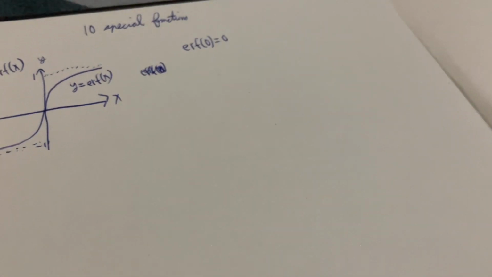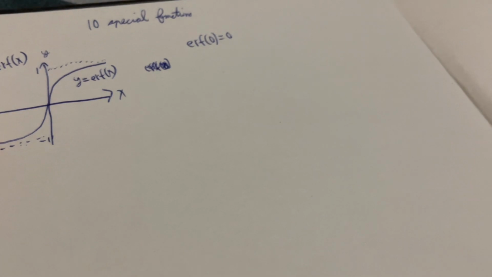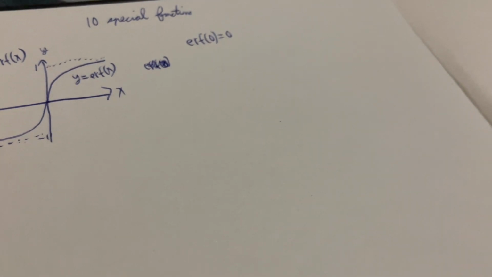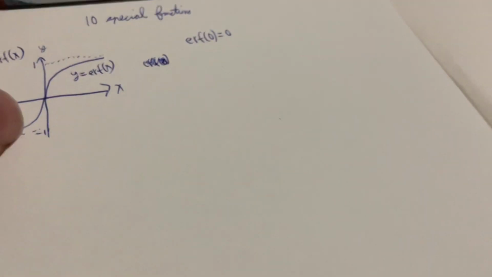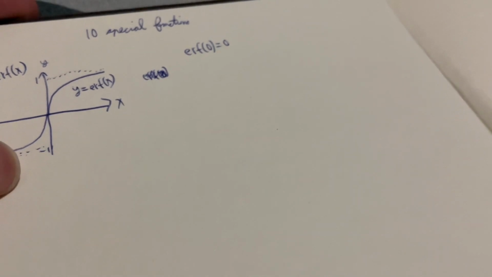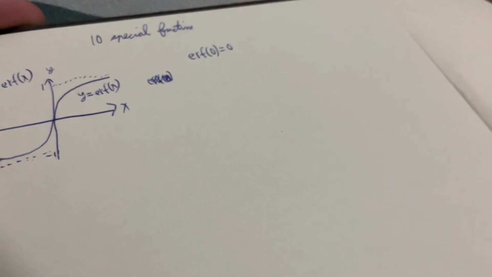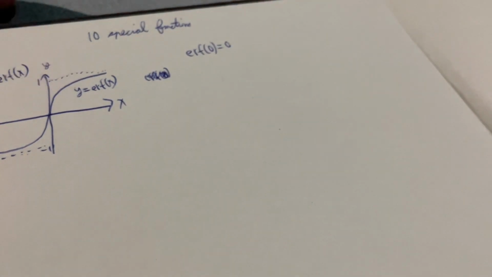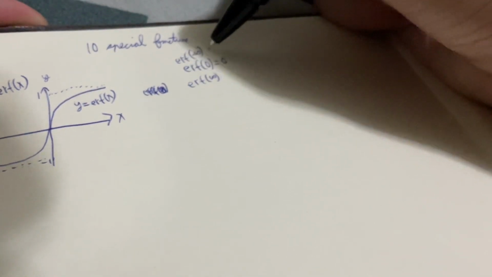Right? And also, let's talk about infinity and negative infinity. Please allow me to put infinity inside, negative infinity and then erf(infinity), like that.